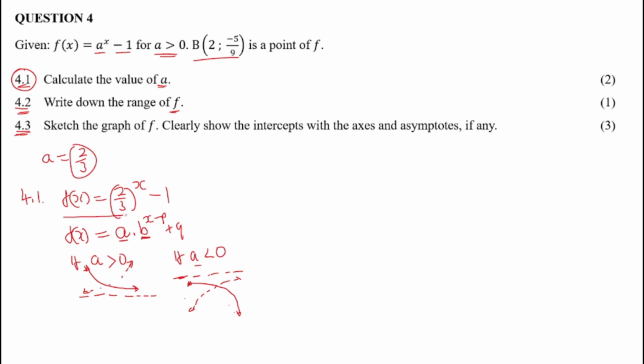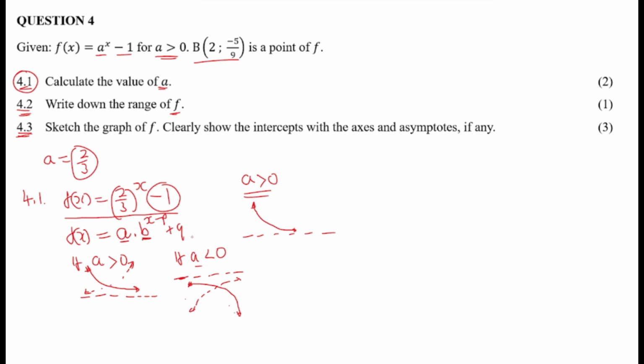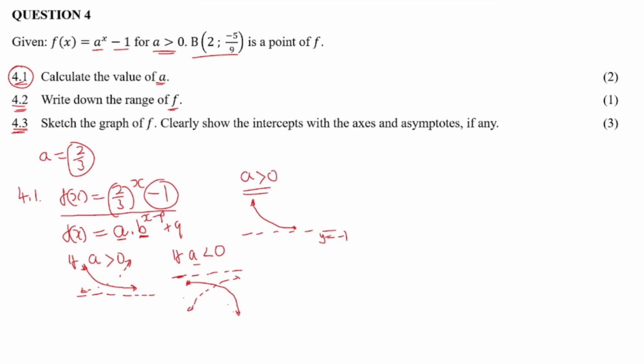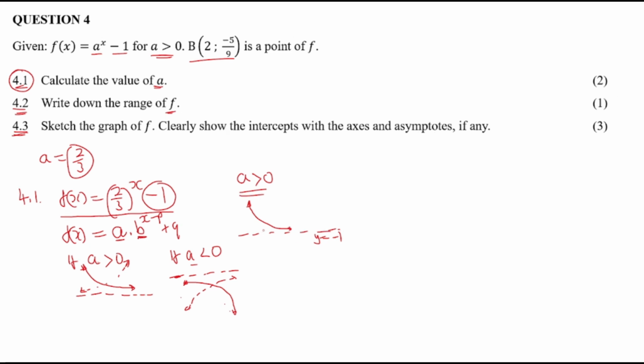And then for this function here, a is greater than 0. A is positive, meaning that the graph is going to be above the asymptote. And then from the equation, we can clearly see that the equation of the asymptote is y is equal to negative 1. So we have y is equal to negative 1 here, and this graph is above y is equal to negative 1.